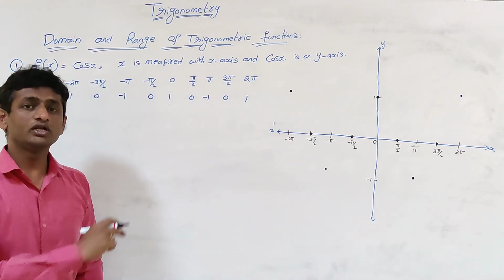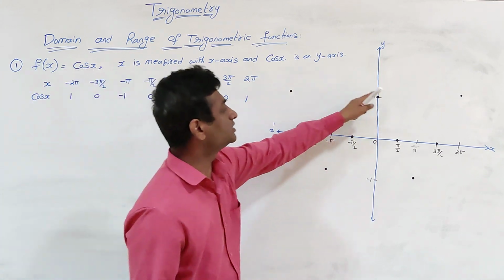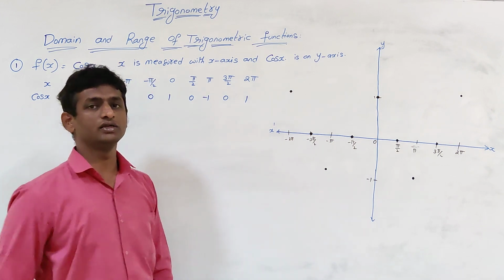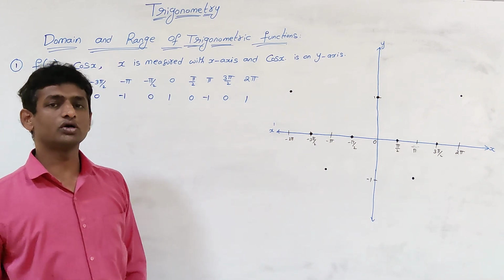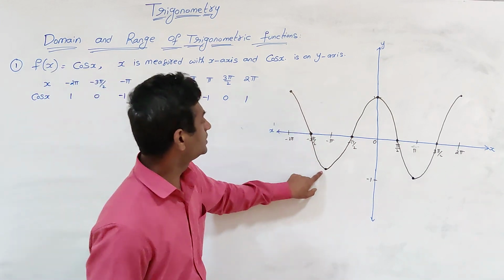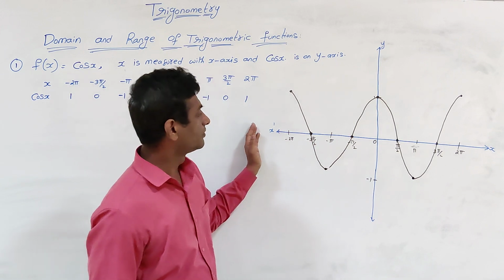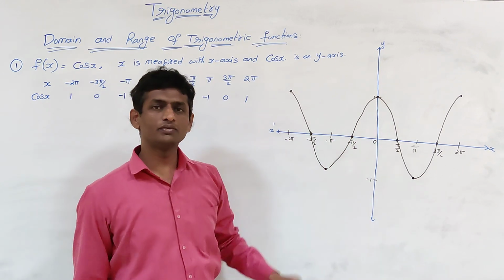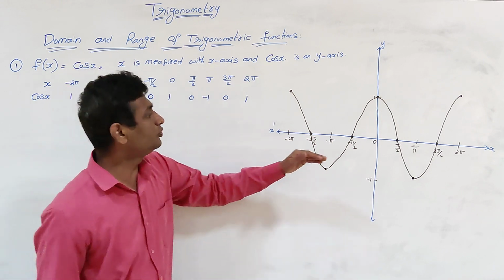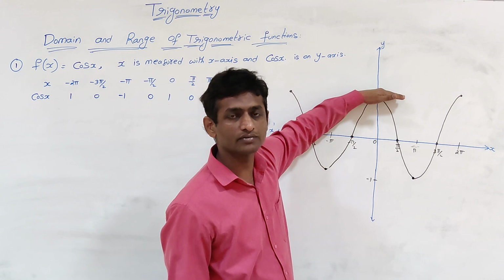Now, if we draw the graph by touching all the points, the set of all outputs, using free hand, now we'll see the shape of the cos x. So this is the shape of the cos x, where the x-axis is the inputs, means it is defined for all inputs, and the outputs of cos x will lie between minus 1 to plus 1 only.